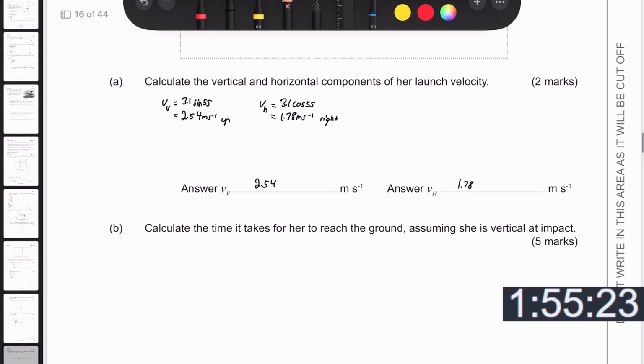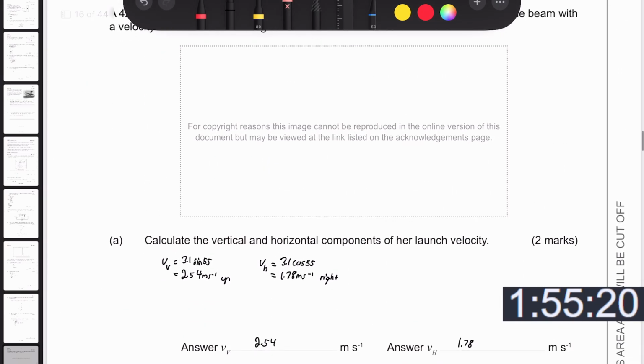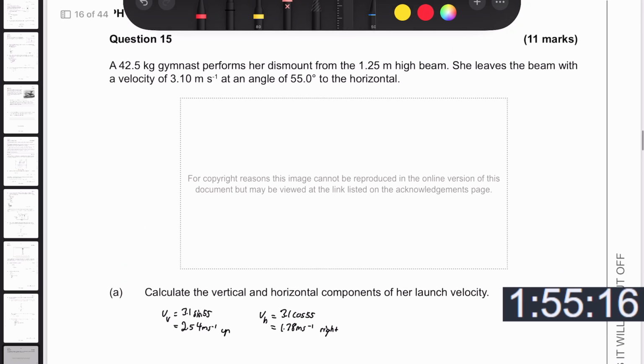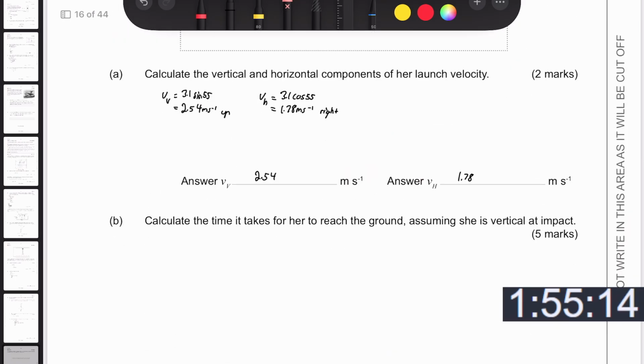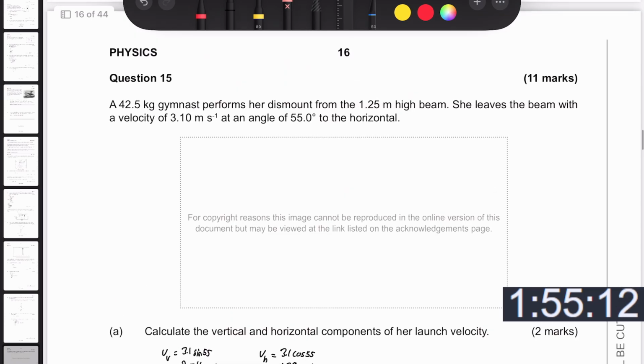Okay, calculate the time it takes for her to reach the ground, assuming she is vertical at impact. What does that even mean? Oh, okay, that her feet land essentially. Okay.